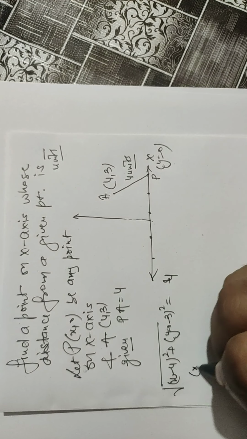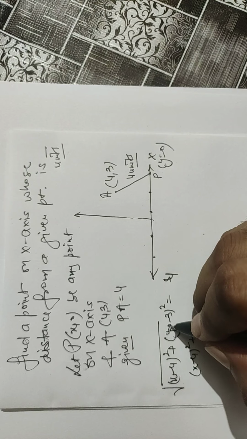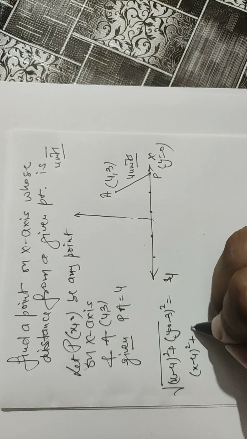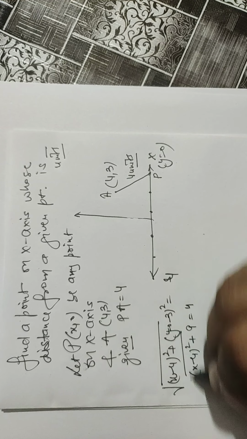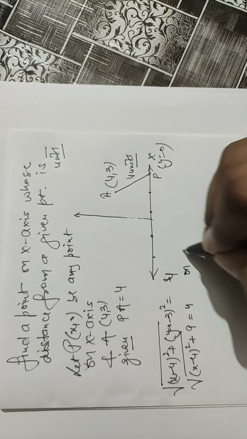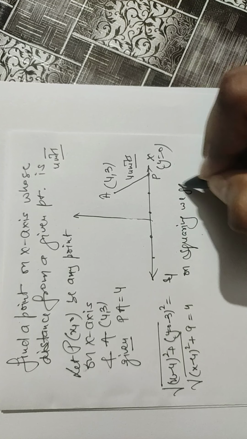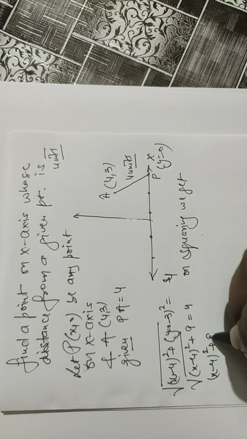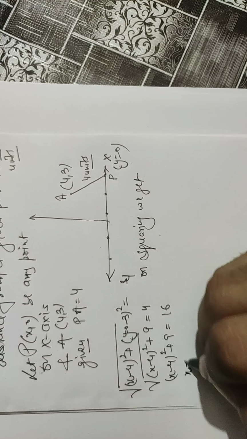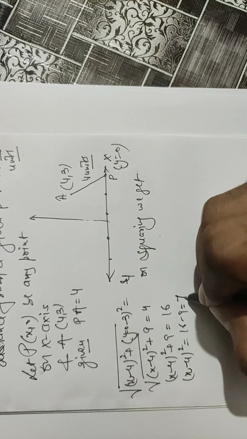So it becomes (x minus 4) whole square plus, because the y value is 0, 0 minus 3 becomes minus 3, square of minus 3 becomes 9, equal to 4. On squaring, we get (x minus 4) whole square plus 9 is equal to 16. (x minus 4) whole square becomes 16 minus 9, that becomes 7.